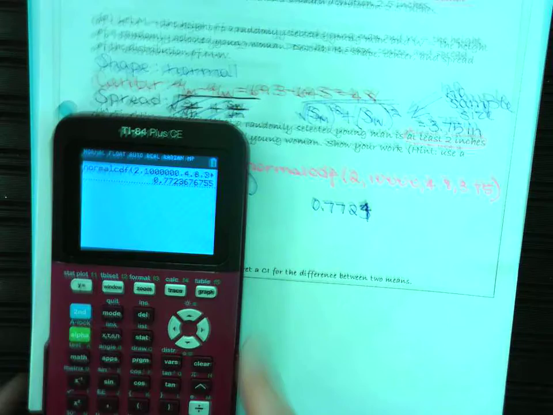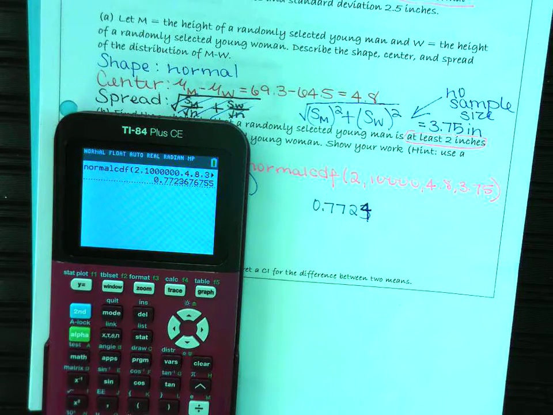Why wouldn't we use the standard deviation by just adding 2.8 and 2.5 together? Well, first of all, remember what chapter was it? I want to say it was like chapter 6 when we talked about random variables and binomial variables and geometric variables.